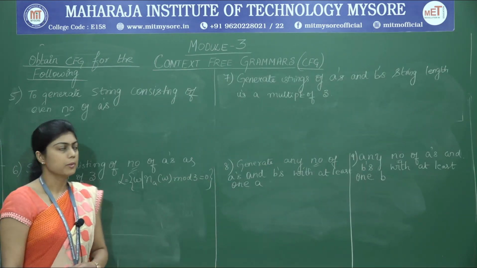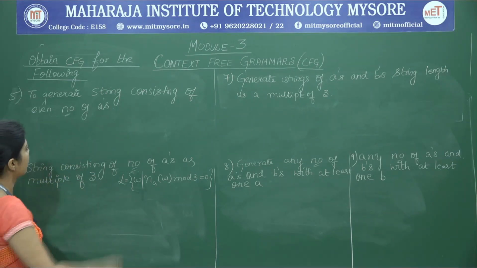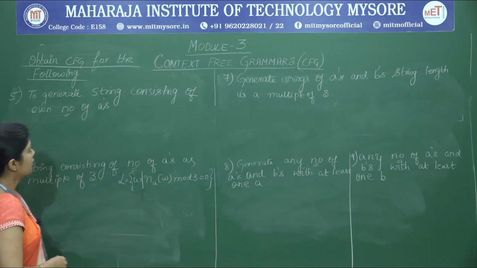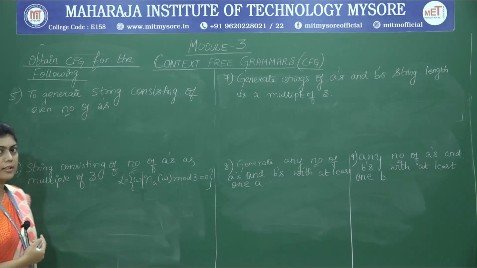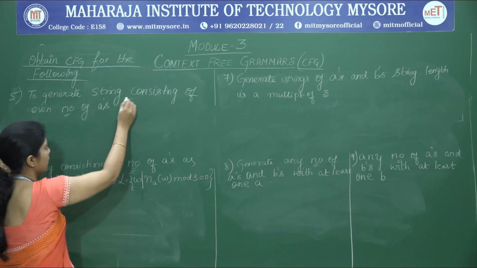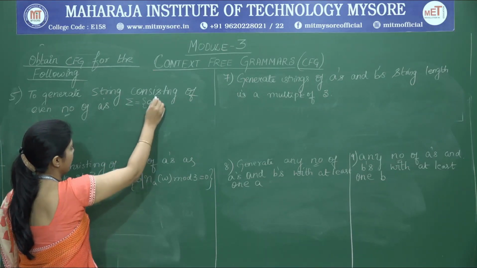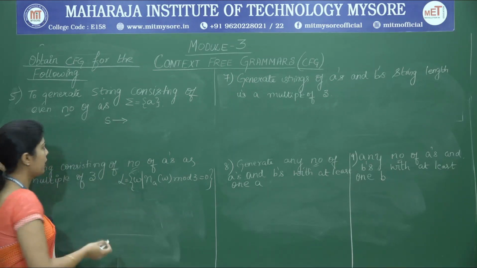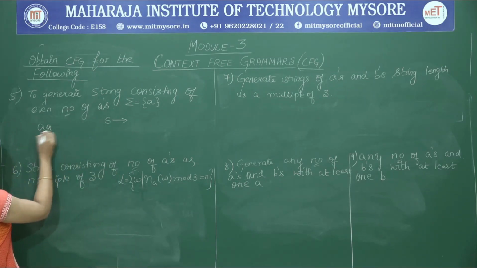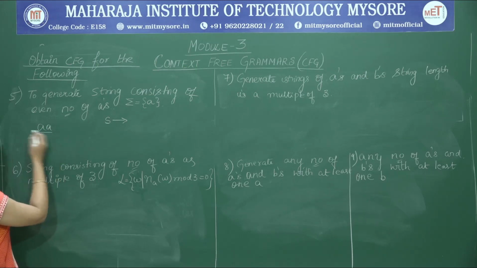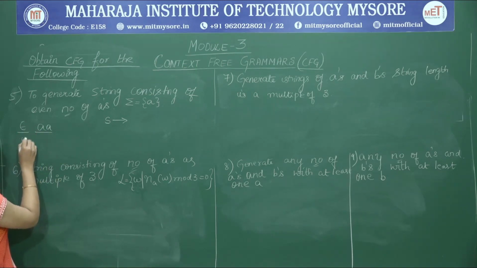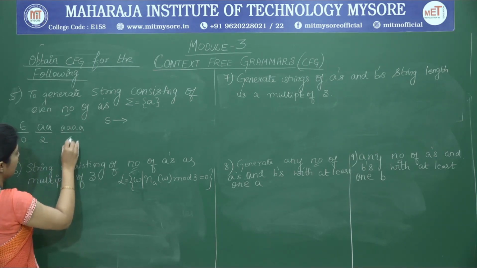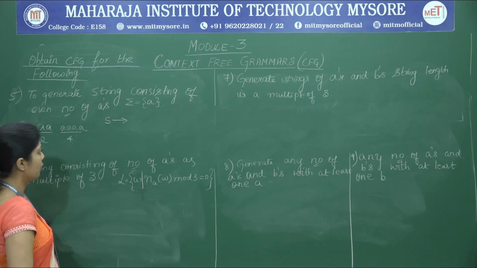We will look at the next problem. The next problem is to generate strings consisting of an even number of A's. So we are dealing with A's generation and it has to be an even number. Sigma is equal to A. An even number of A's repetition could be epsilon also for 0, then 2, then 4 A's have to come, then 6 A's, and so on.